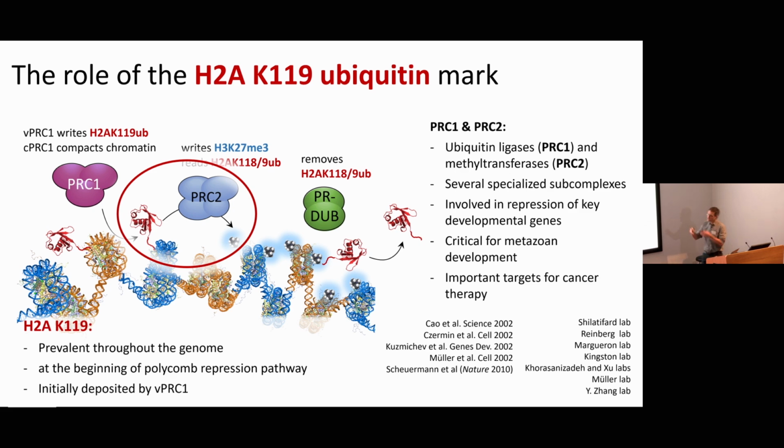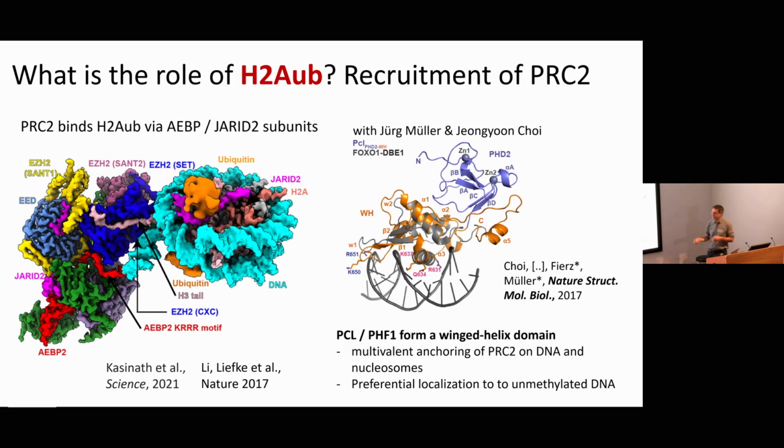And so I want to give you quick insights into all of these complexes. Firstly, starting with PRC2, this is a methyltransferase. And for example, Nogales' lab has shown that PRC2 can bind to ubiquitin and therefore get recruited via accessory subunits.